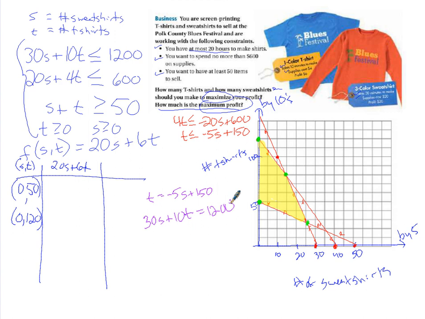Which method would you like to use to solve this one? It's set up right now for substitution. So let's use substitution. We take the t and we plug it in right there. 30s plus 10 times negative 5s plus 150 equals 1200.